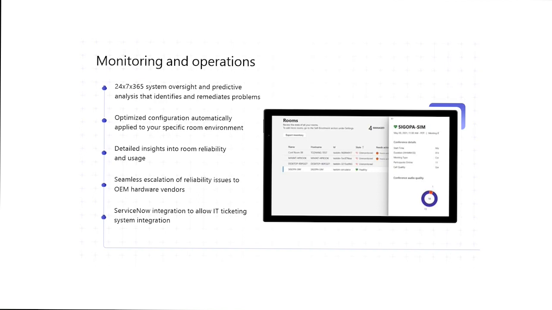ServiceNow integration is certainly really important to folks: the Pro Portal can be integrated to open cases with ServiceNow and to close cases once they're resolved. And I think that's really important for a lot of organizations, to be able to involve this type of system with their ITSM platform.